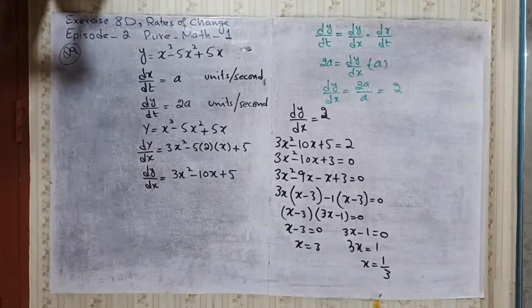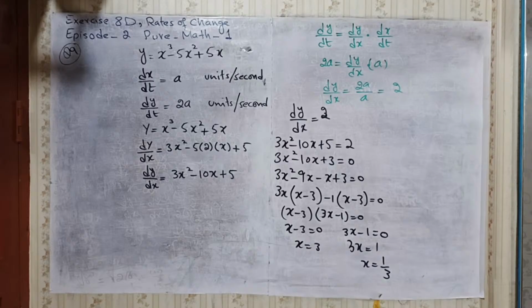There were 9 questions. We have done all the questions. We have made 2 episodes on this exercise. In the first episode, we solved questions 1 to 5. In the second episode, which we are recording right now, we have done questions 6 to 9. So your exercise 8D from chapter 8 is completed.